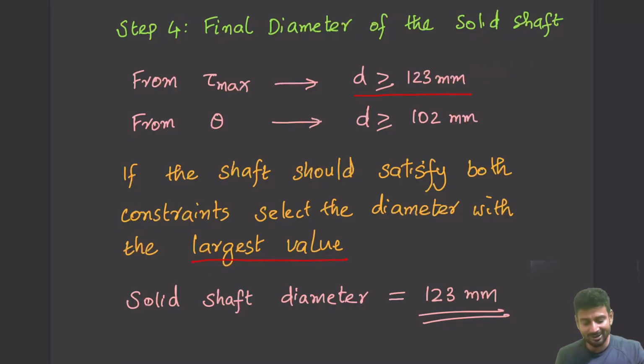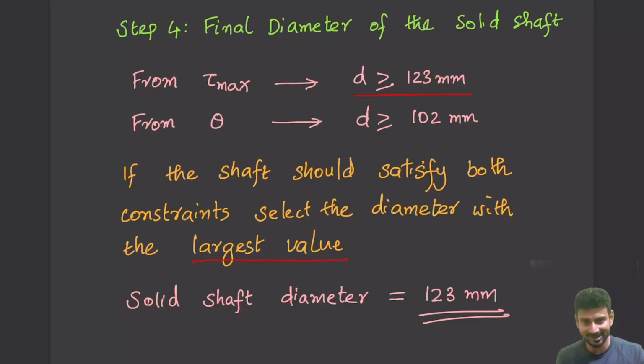So we have got the solid shaft diameter value as 123 millimeters. So this is the first part of the problem, to find the diameter of the solid shaft. To summarize, we have calculated the diameter according to two conditions, and we have selected the largest value. So this is how you do it.